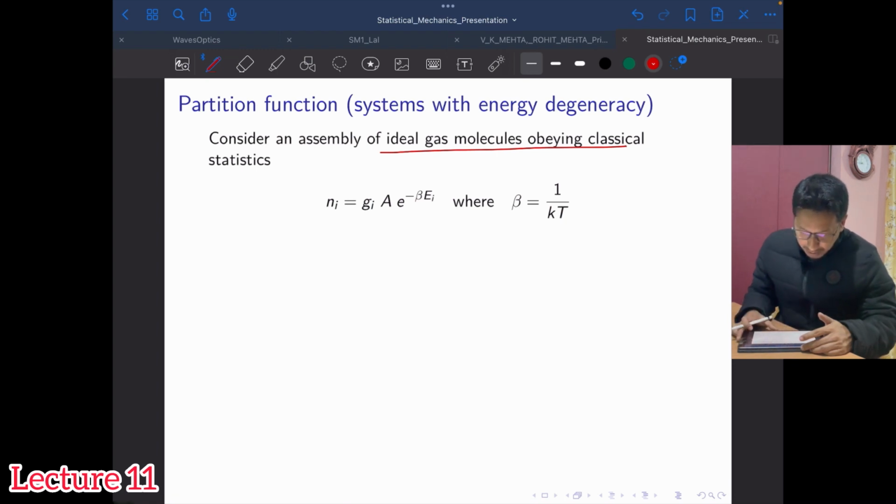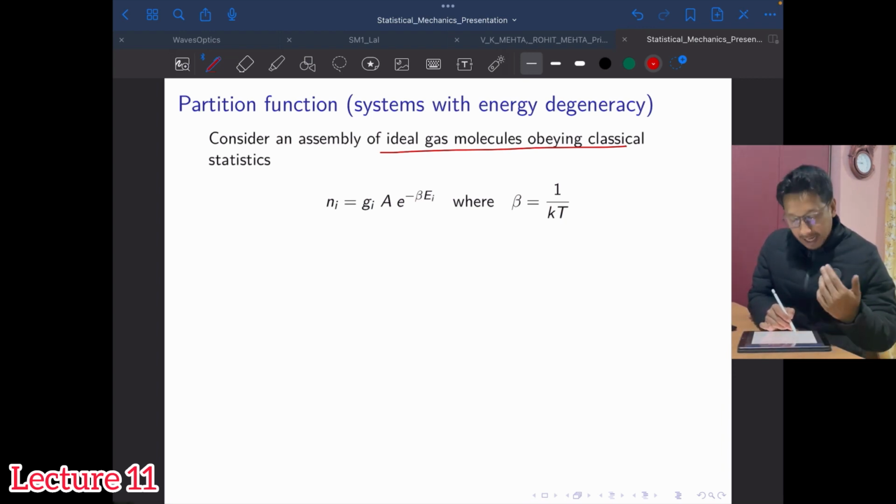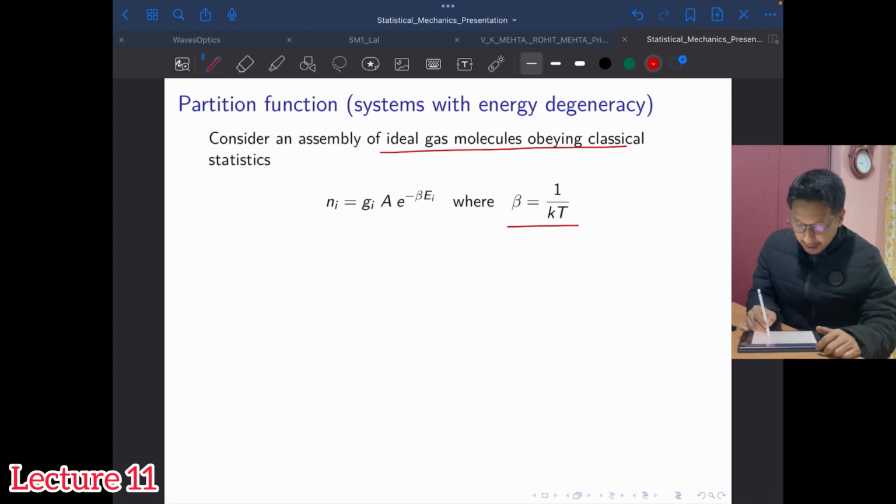We know from the earlier Boltzmann canonical distribution law, also called the Maxwell-Boltzmann distribution law, that Ni, the number of particles in the ith cell, is equal to Gi A e to the power minus beta epsilon, where beta is given by 1 by kT, which we are familiar with.